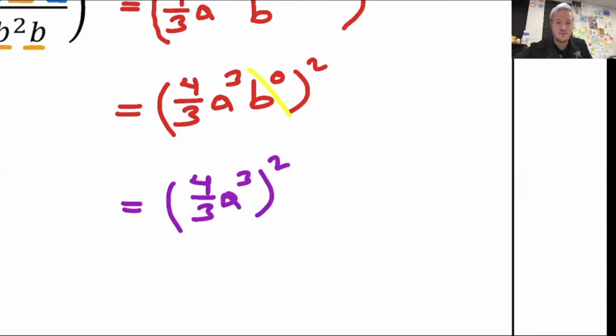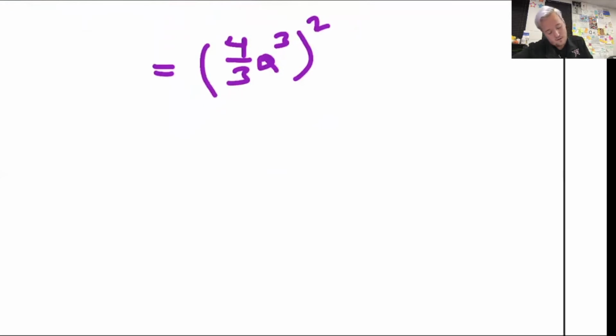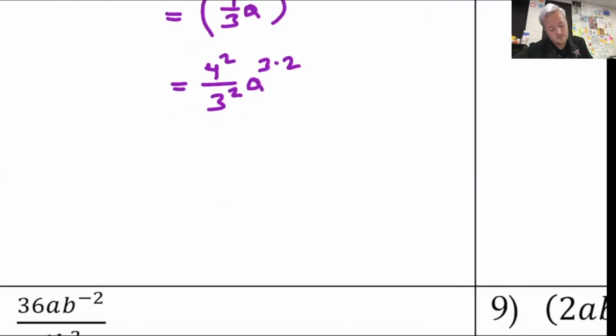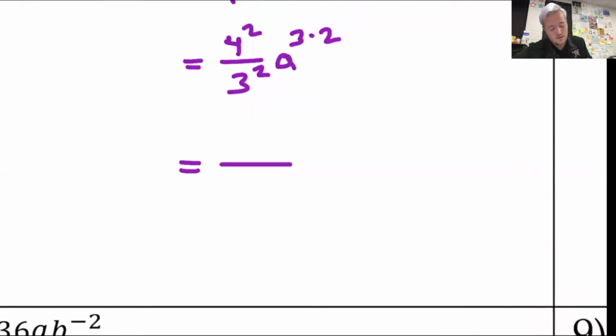And now I want to simplify this. So now I'm going to have 4 squared, 3 squared, and A cubed times 2. All right, so I'm going to actually move the A value to the numerator. So I'm going to have 4 squared, which is 16, A to the 6th, all over 9.